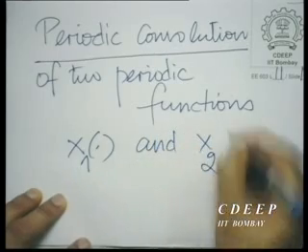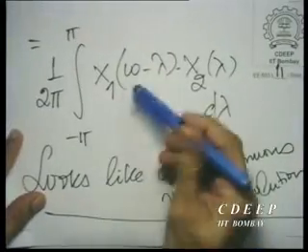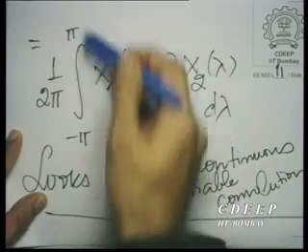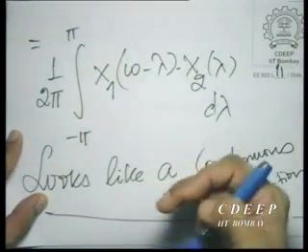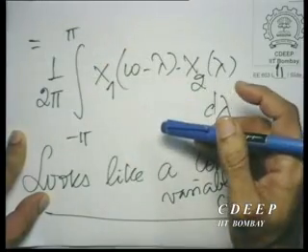Remember, both these DTFTs, capital X1 and capital X2, are periodic functions. Now, if you did actually write down the expression of convolution as you have done here, but you tried to evaluate this integral going from minus to plus infinity, of course that integral would diverge.